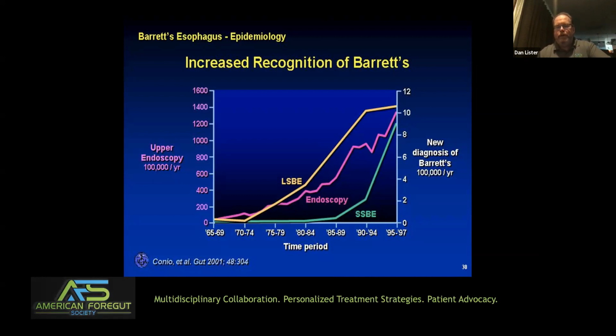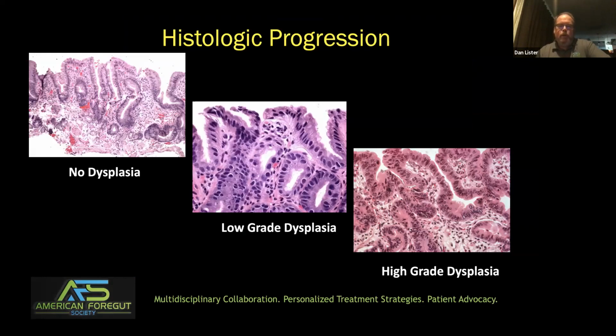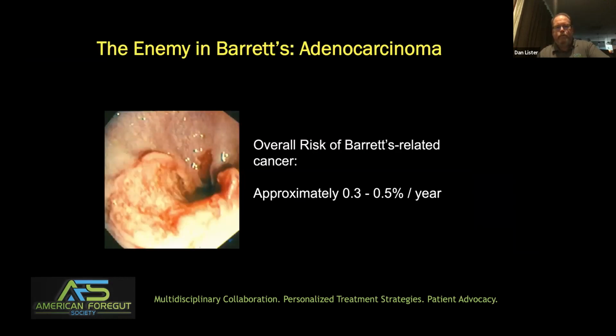It's very concerning as we go through the years, but this is the basic crux of what this talk is about tonight. As we progress from no dysplasia to low-grade dysplasia to high-grade dysplasia, hopefully we will ultimately be able to detect these patients earlier and treat them before they reach the enemy, which is adenocarcinoma.